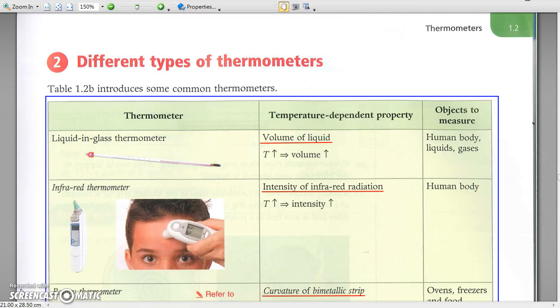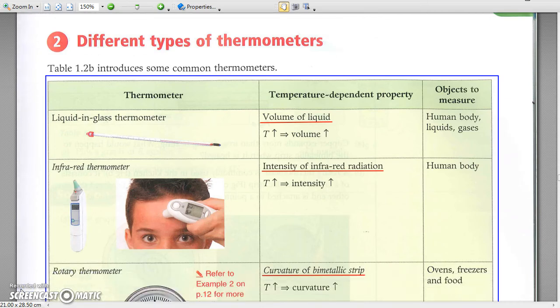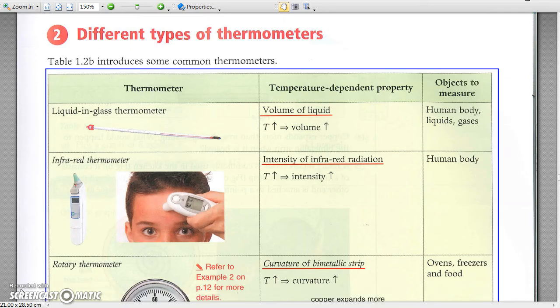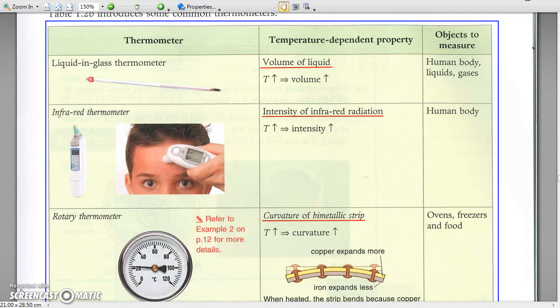2. Different types of thermometers. Different thermometers make use of different temperature-dependent properties. Liquid in glass thermometers make use of volume change of liquids. Infrared thermometers make use of intensity change of infrared radiation.